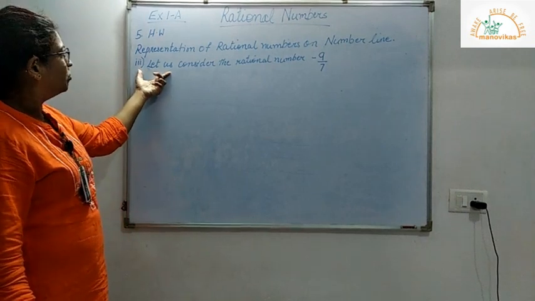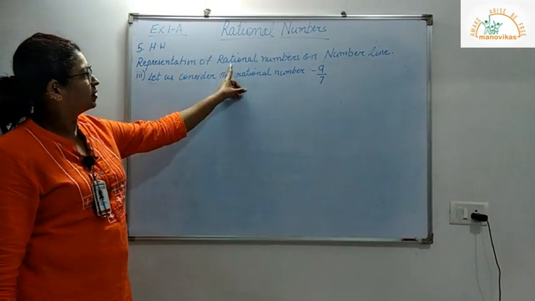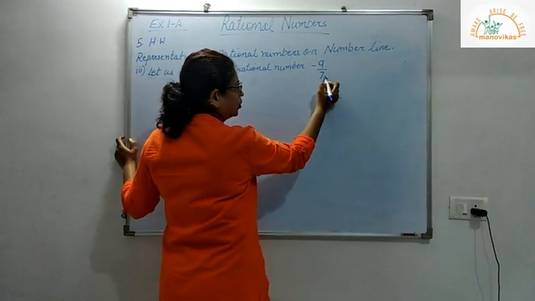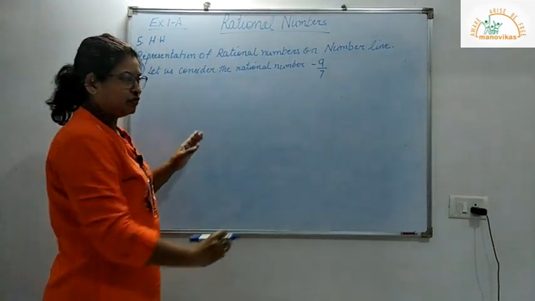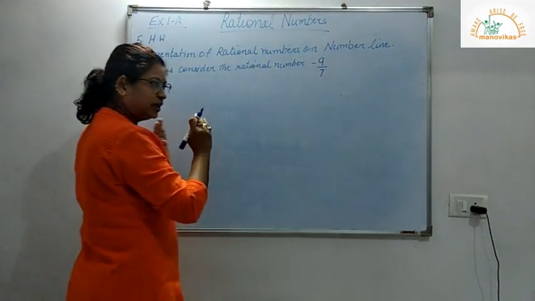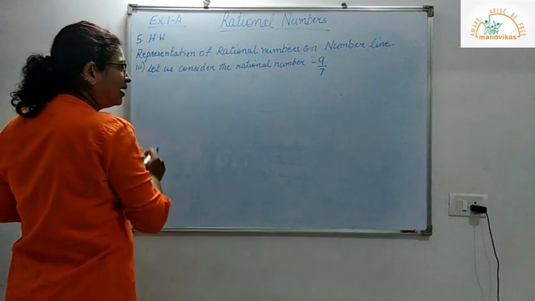Now we take one more example to represent a rational number on the number line, that is -9/7. So far we have taken the rational numbers on the positive side of the number line. Now we plot it on the negative side.